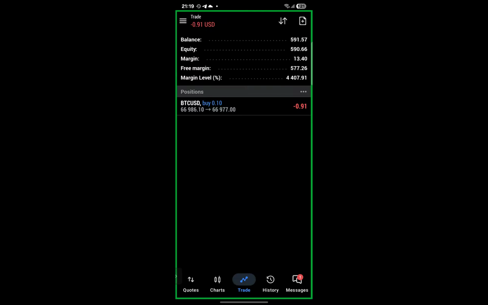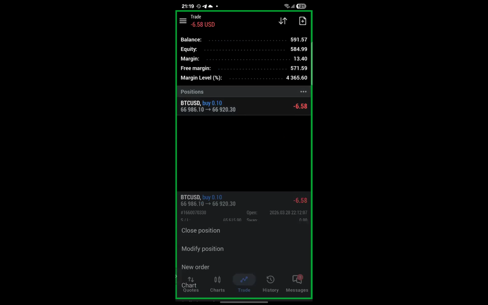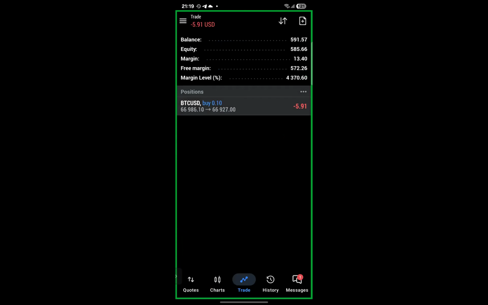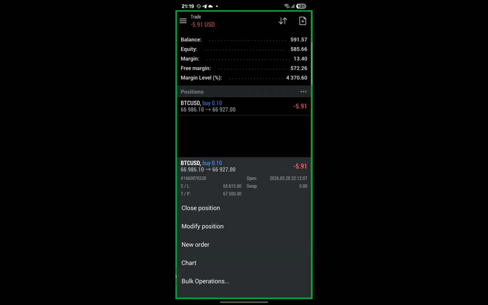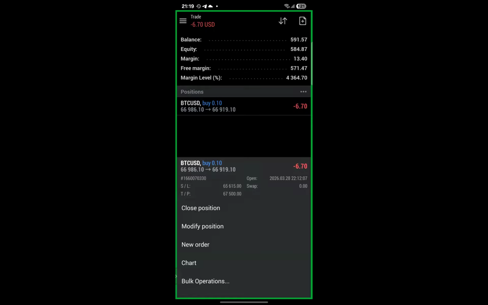If my stop loss was set at $5, but let's say I want to close it manually, I can either swipe left, click on this file icon, and click on close with loss. Or I can just hold it down for a few seconds and click on close position.